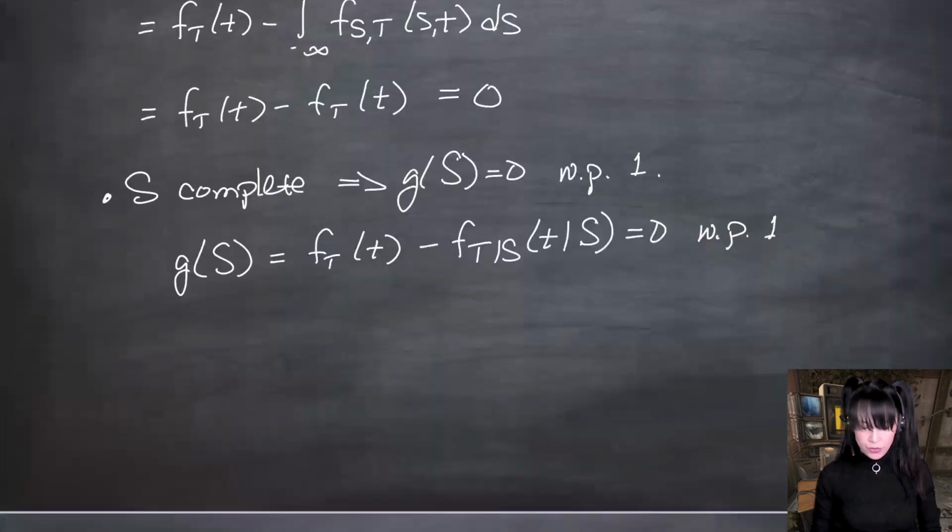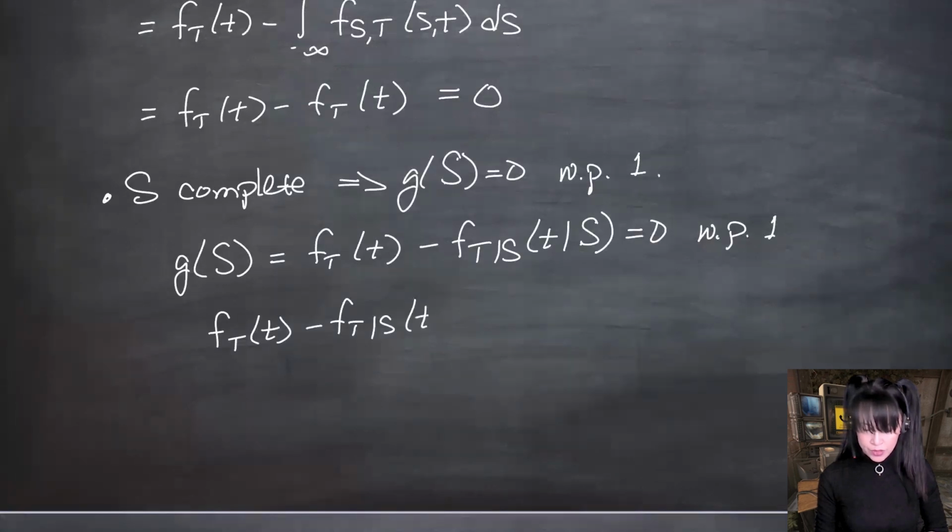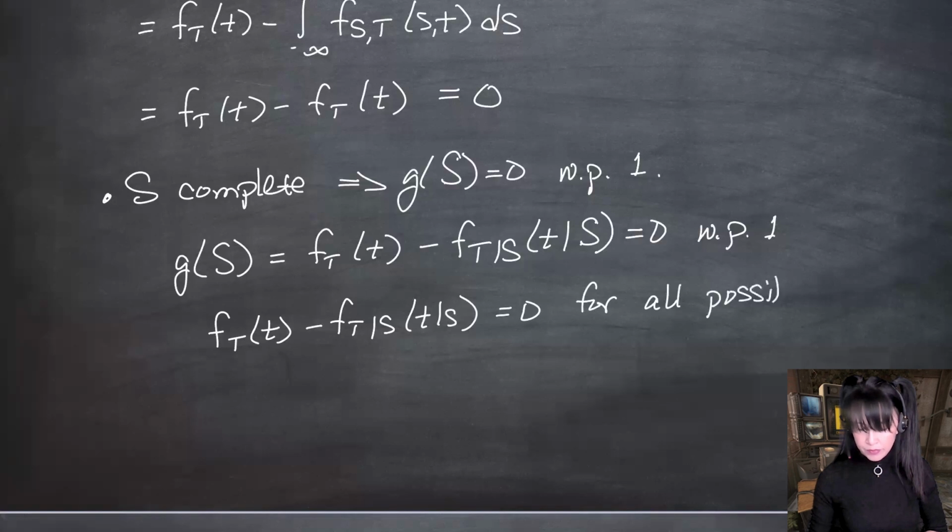And so let me simplify this a little bit and say that let's take the randomness out. This minus this with a lowercase s is 0 for all possible s, little s, that S can take on.